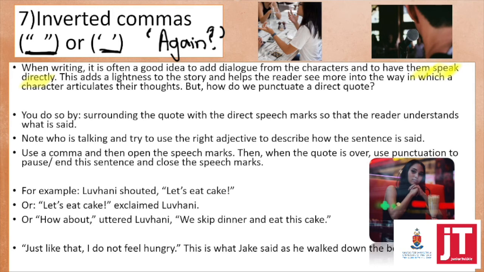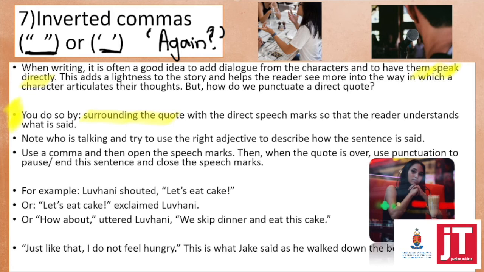But how do we punctuate a direct quote? Here are the steps which we need to know. You surround the quote with the direct speech marks or the inverted commas so that the reader understands what is said and what is being narrated, not directly from the person's mouth.